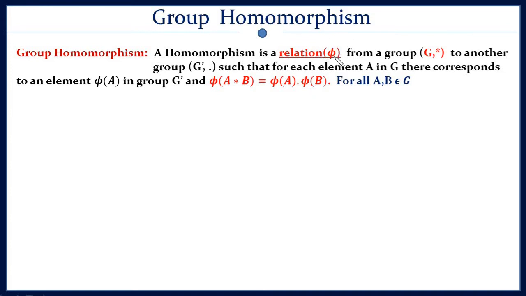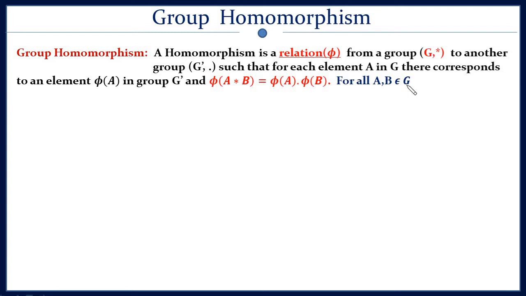Let's say the relation is phi from a group G, and this group is defined under a binary operation star, to another group G prime, and this group G prime is defined under another binary operation, let's call it dot, such that for each element a in G there corresponds an element phi(a) in group G prime, and phi(a star b) is equal to phi(a) dot phi(b) for all values of a and b belonging to G. Okay, this is how we can define it in a statement.